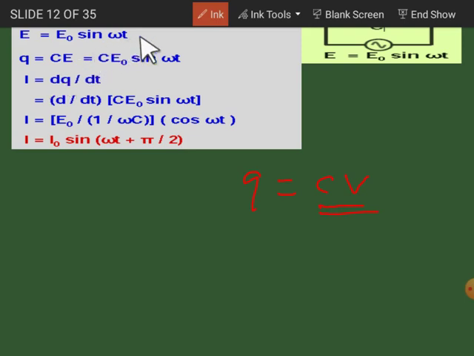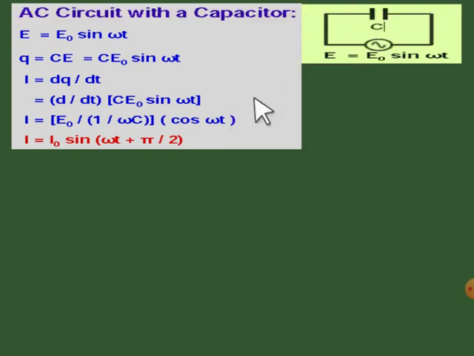But in our case, the potential difference developed across the two ends will be nothing but the instantaneous EMF given by the source.